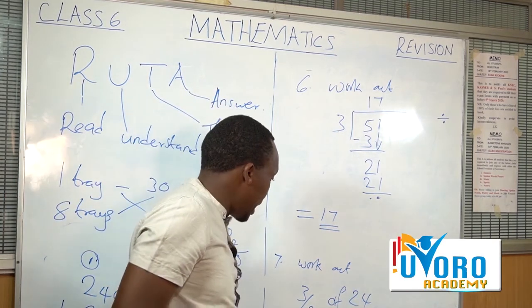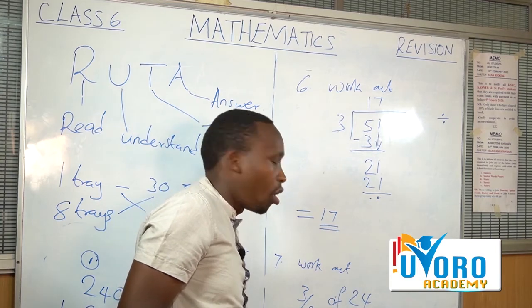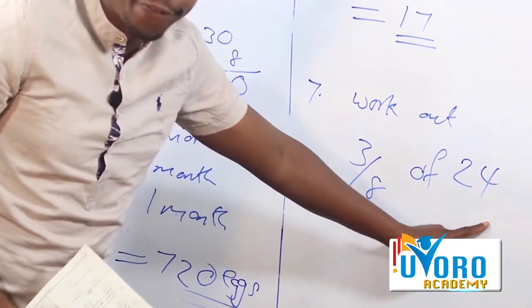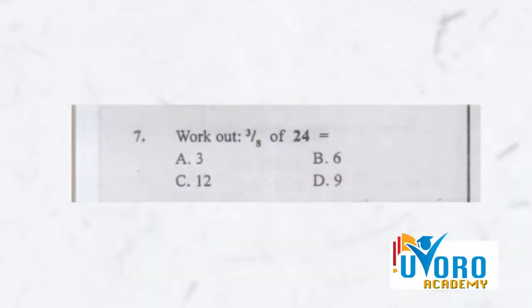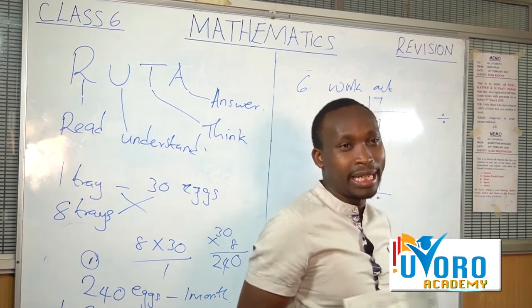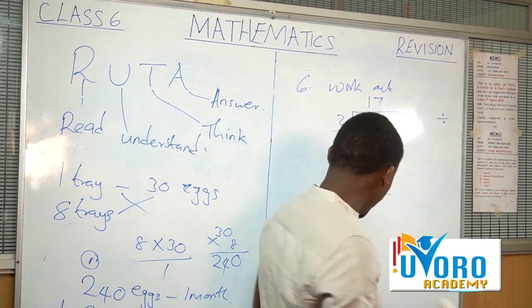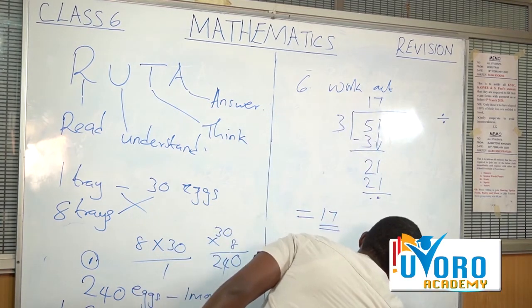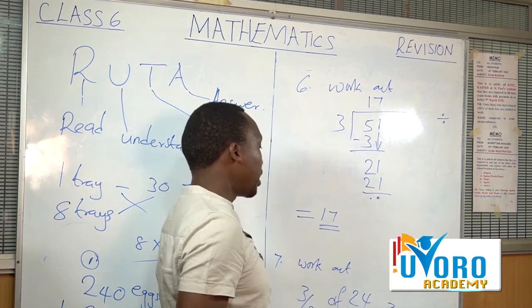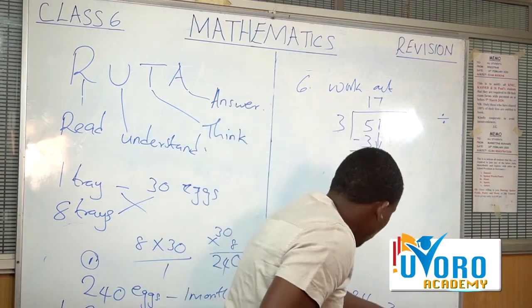Let's all of us read 3/8 of 24. Understand. Now, of means what? Not addition, not subtraction. Yes, multiplication, very good. That is now 3/8 times 24.